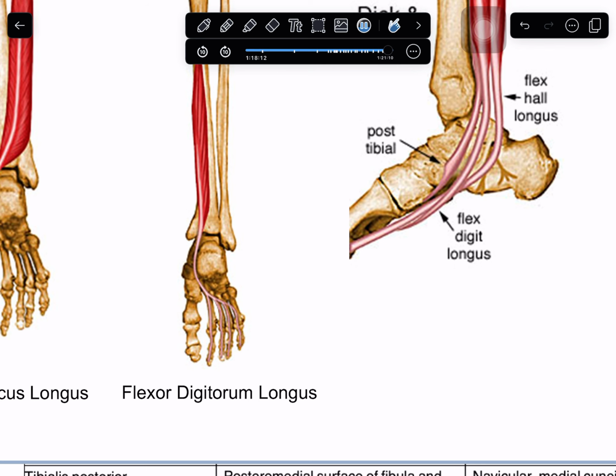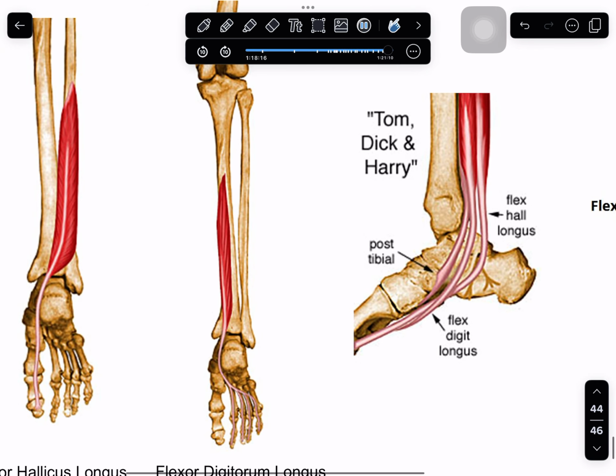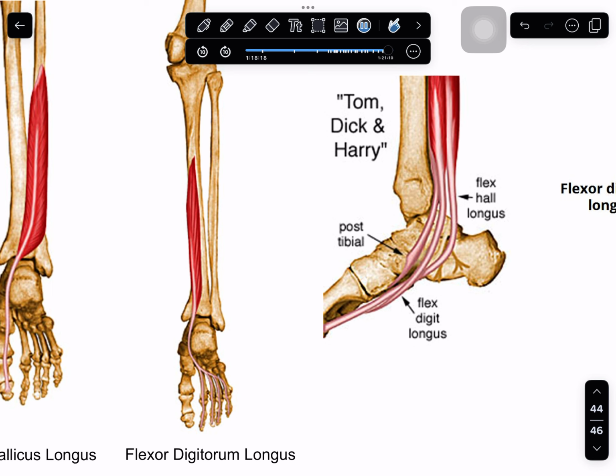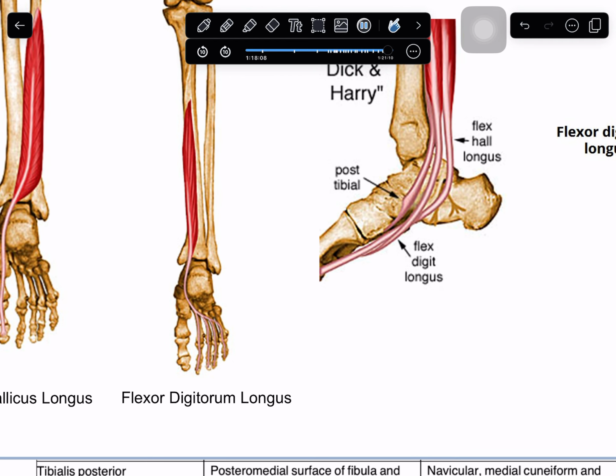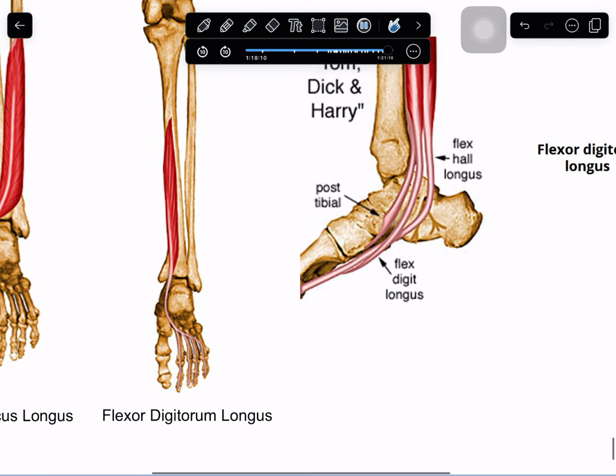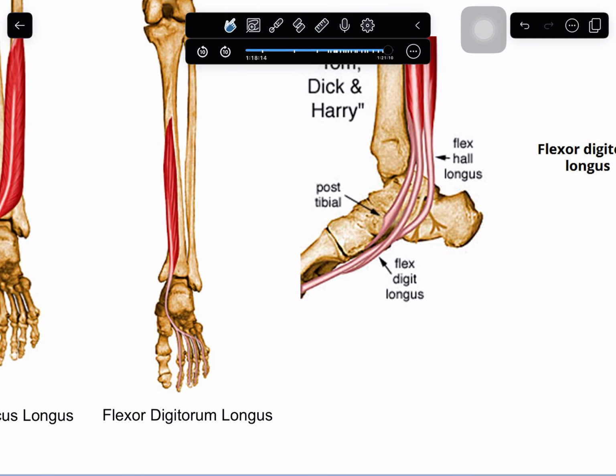Our origin here is the posterior aspect of the middle third of the tibia.